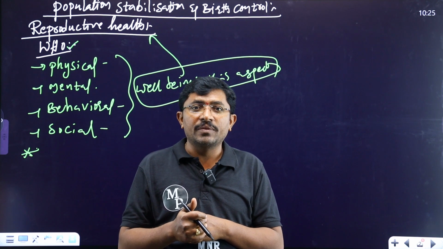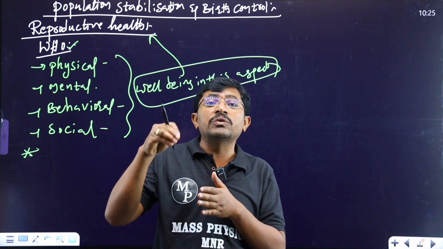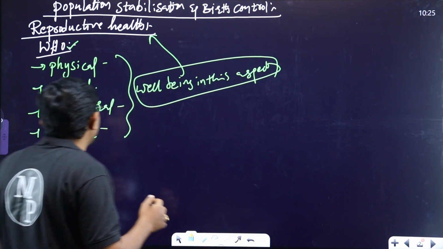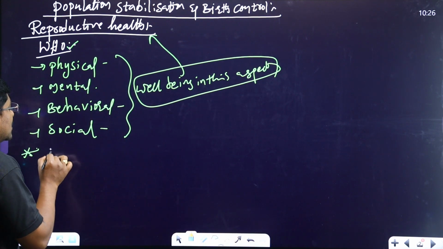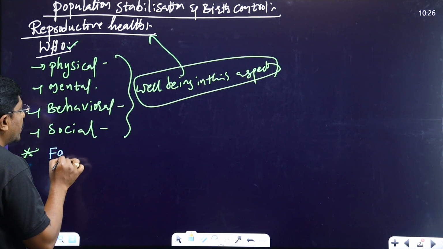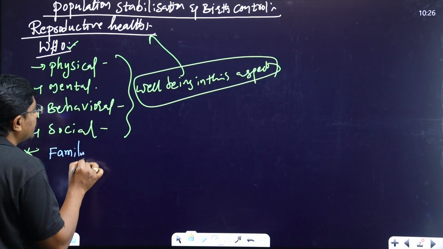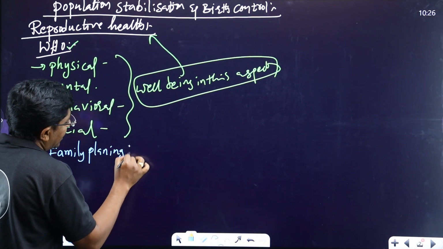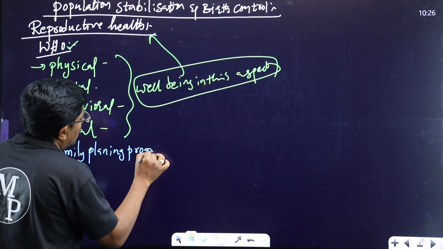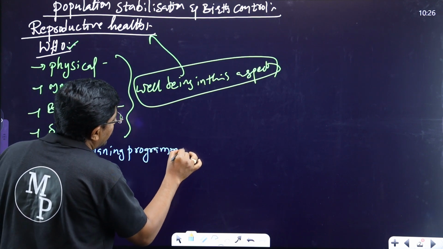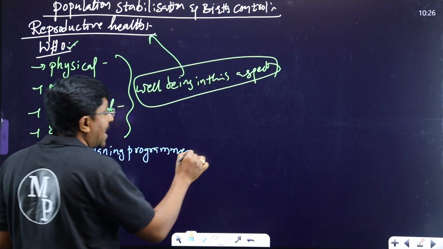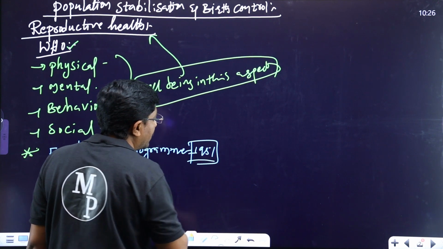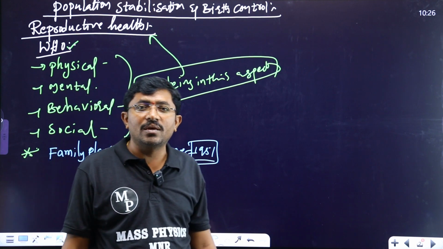And along with this, for controlling the population growth rate, the Indian government launched one program, the family planning program. It was launched in 1951 as an act.